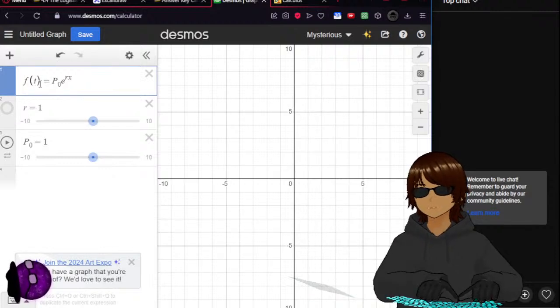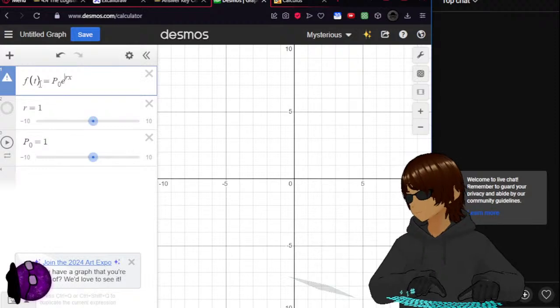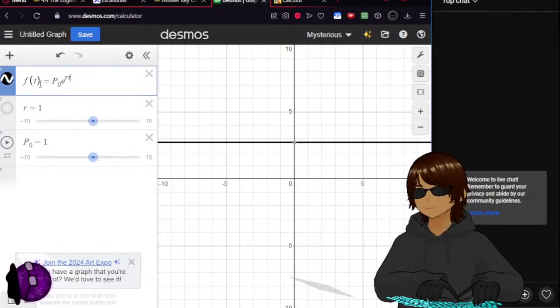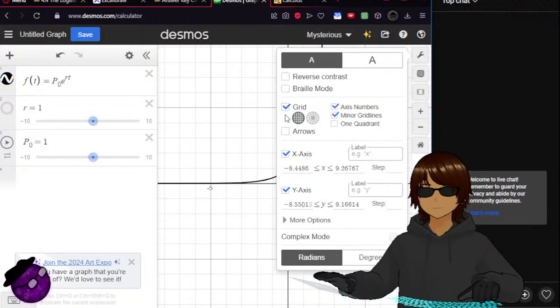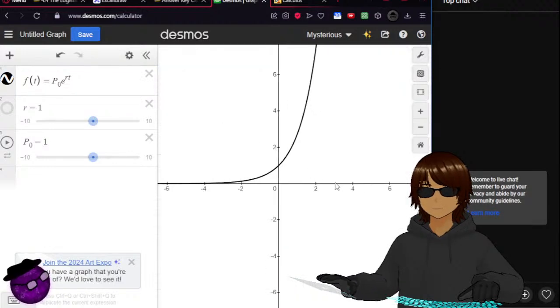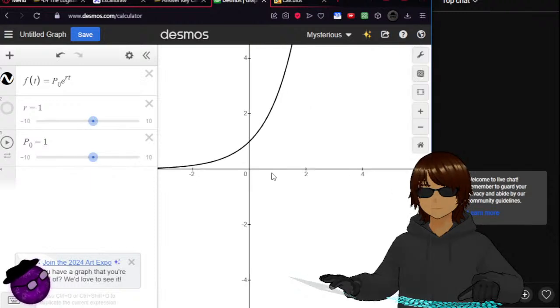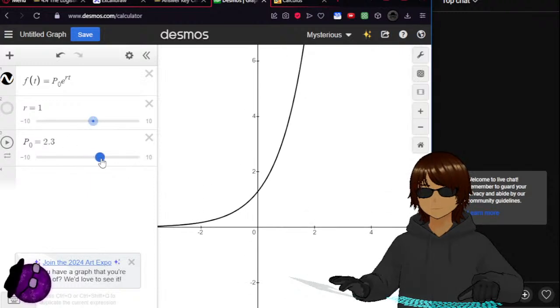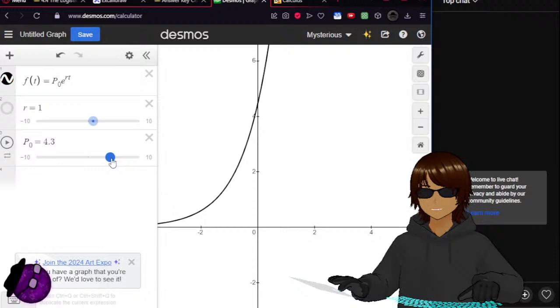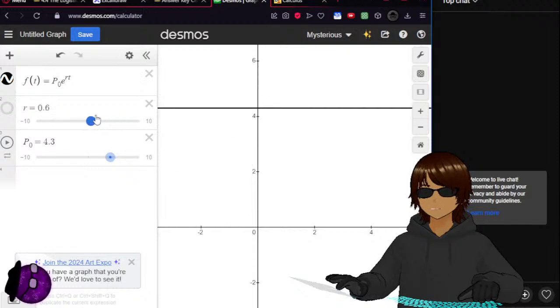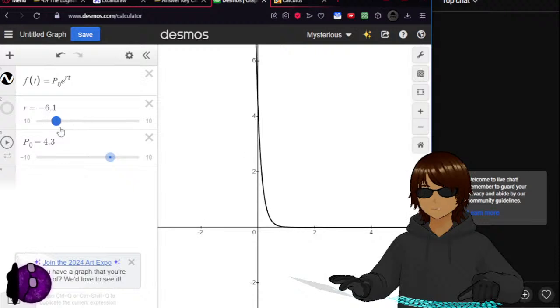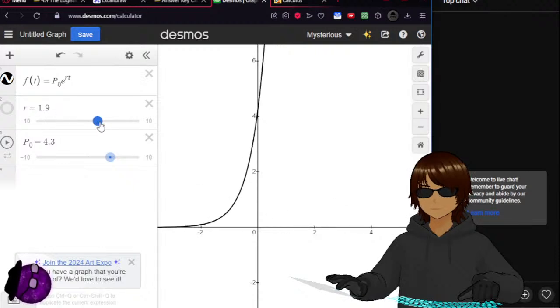Let's do T instead. So this is the initial population, and then our growth rate is K. This is a negative.